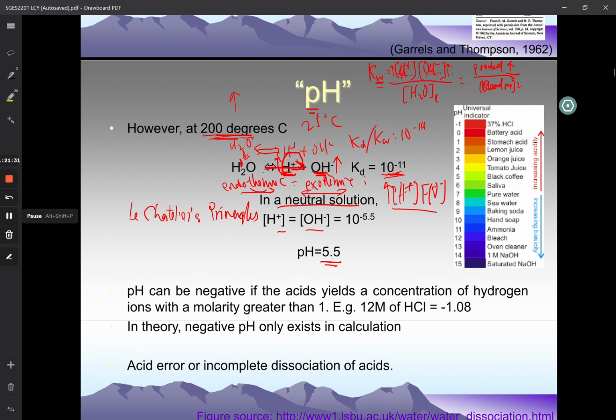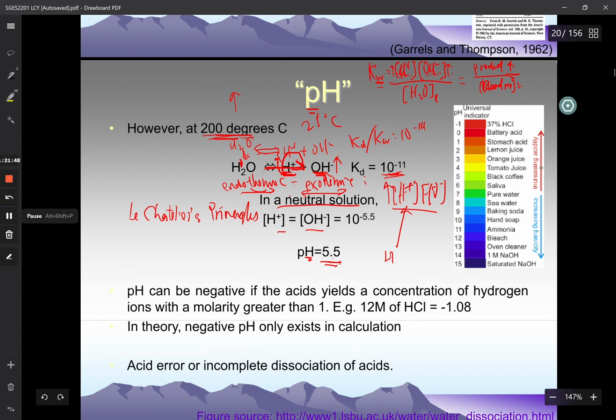It's not. Because with pH you measure the hydrogen ions in it, you have a greater concentration of H, of course.